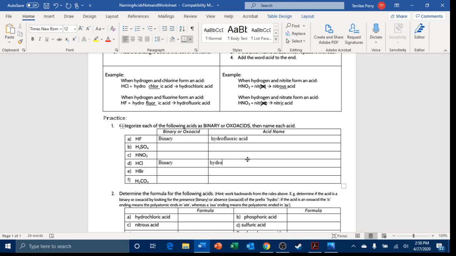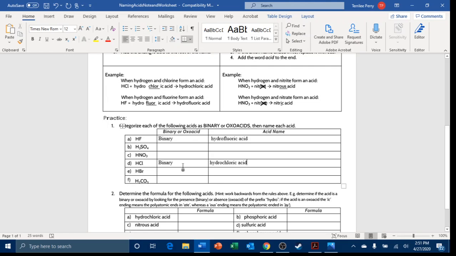Then you have chlorine, so it's going to be CHLOR, because you know that INE is a suffix, so you're going to take that part off. So it's going to be hydrochloric acid. Okay, so you're just following what it tells you up here.